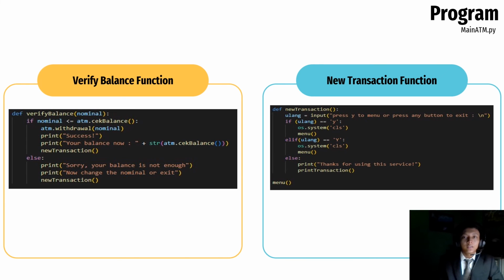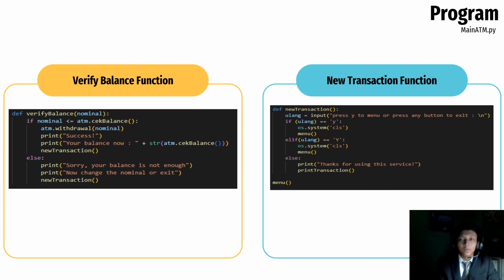Okay, next is the verify balance function. This function contains the order to verify whether the balance is enough or not to make a transaction. In this function, if the nominal variable, which was the user's input in the option menu, is less than or the same as the check balance variable in the customer class, the program will be successful and automatically show the balance after the transaction.